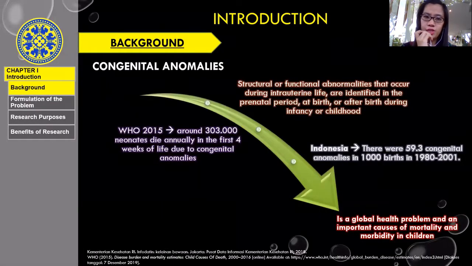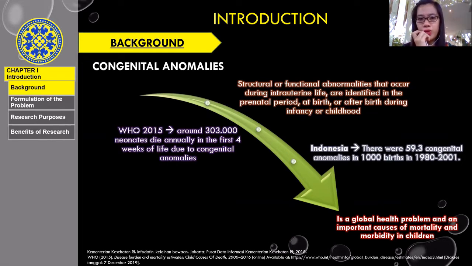From the introduction, congenital anomaly itself is a structural or functional abnormality that occurs during intrauterine life and is identified in the prenatal period, at birth, or after birth during infancy or childhood.